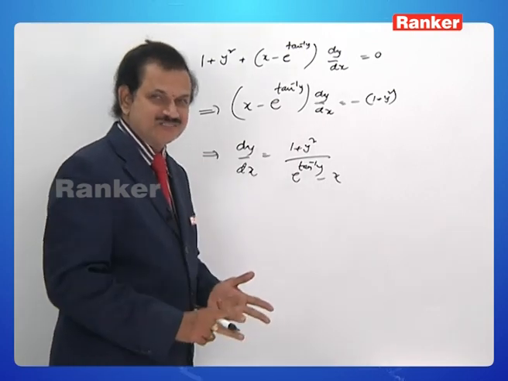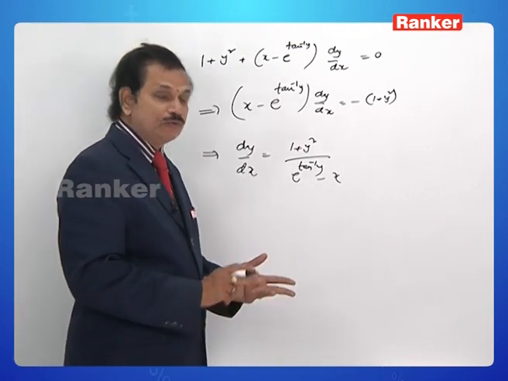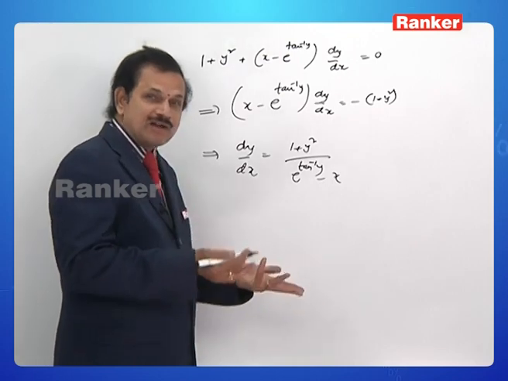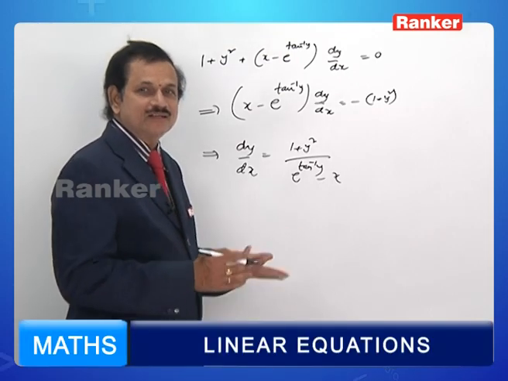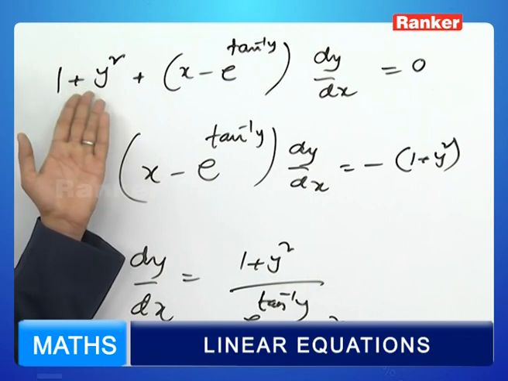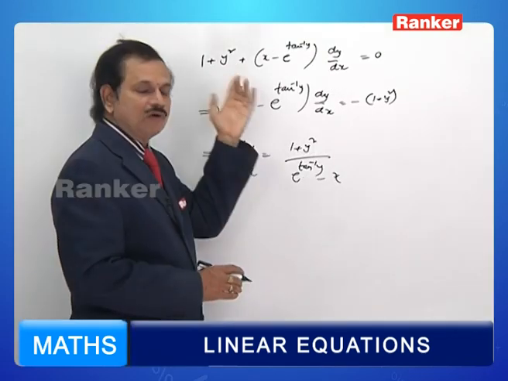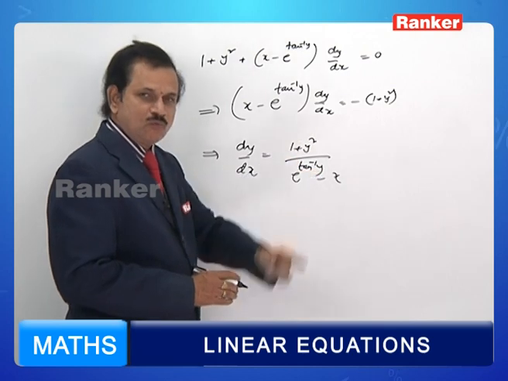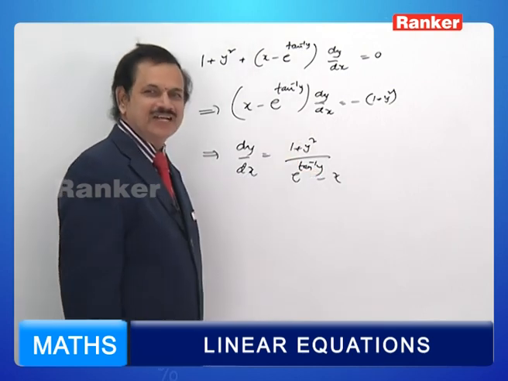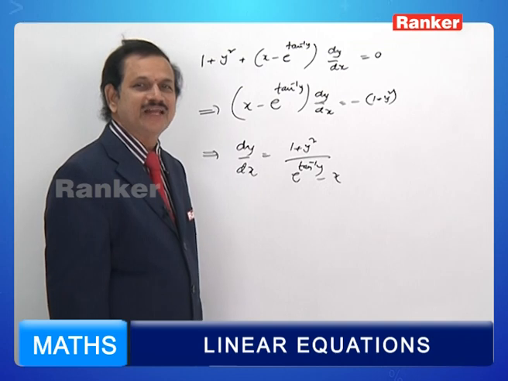We don't want it. Why do we not want it? What is the reason? In the beginning itself, we are not able to see y with first degree. Therefore, this is not going to be linear in y, and this must be converted into that form which is linear in x.